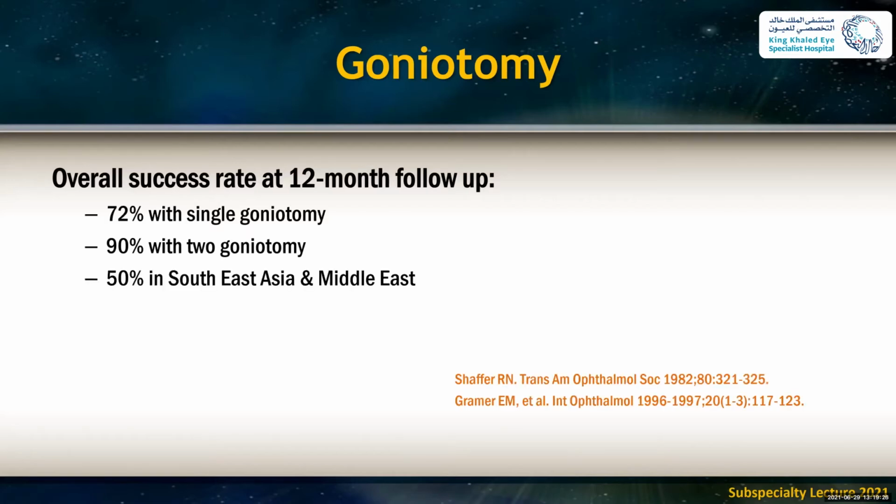In the Middle East and Africa, as we'll see with Dr. Hazmi's paper soon, they found about 50 percent success, in Southeast Asia and Africa as well, even less in Africa, and the Middle East. So with goniotomy in our population, the outcome is not as encouraging as in the Western population, and this is again related to the type of pathology.